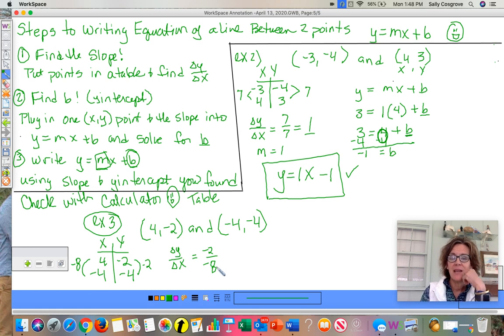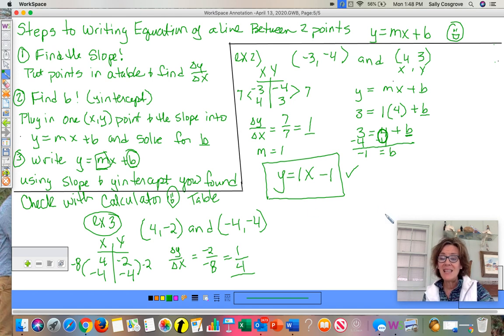And then I noticed 2 and 8 both have a factor of 2. So -2 divided by -2 is 1, and -8 divided by -2 is 4. So our slope of the line between these 2 points is 1/4.